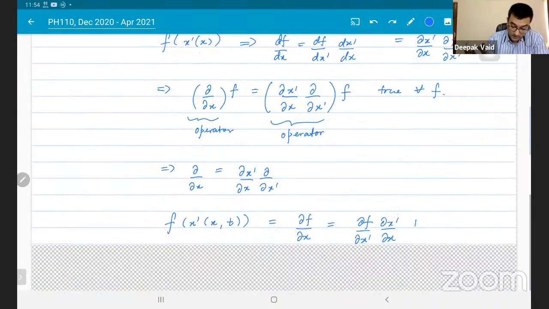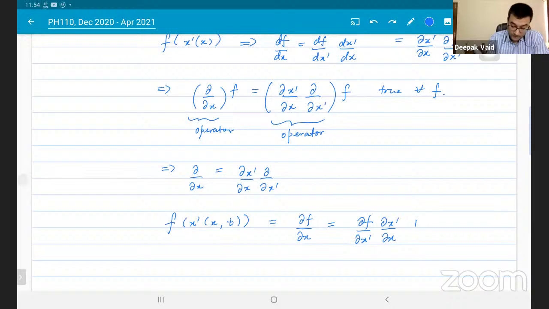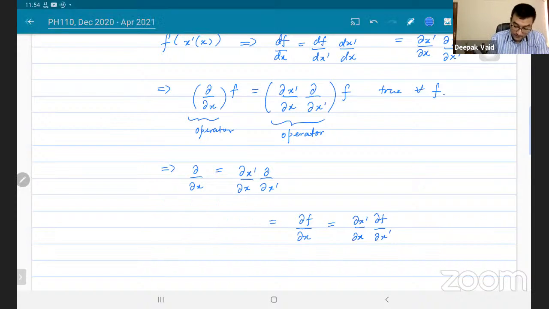So this is fine: dx prime by dx, df by dx prime. Let me write this. F is a function of x prime and it's a function of t prime.